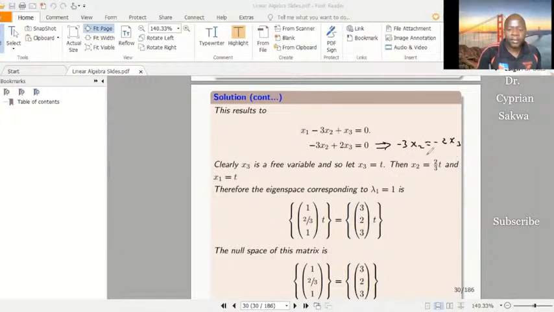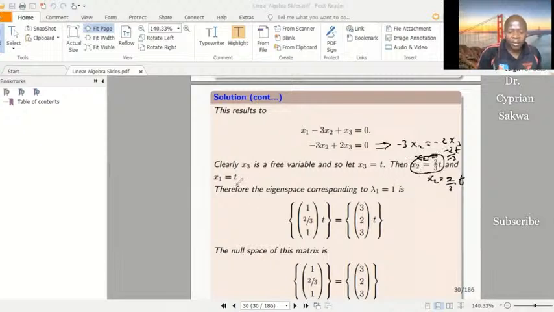But x3 is t, so that means x2 is negative 2t divided by negative 3, or x2 is 2 over 3 t, the negatives cancel. So that's why you see this answer.